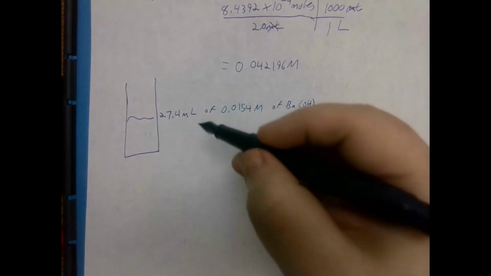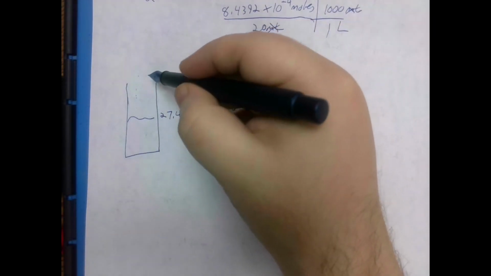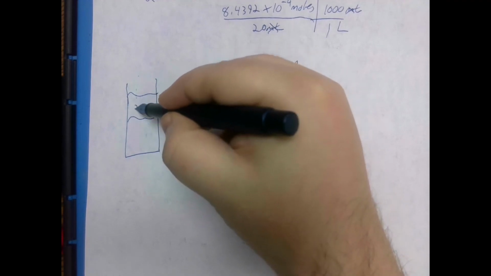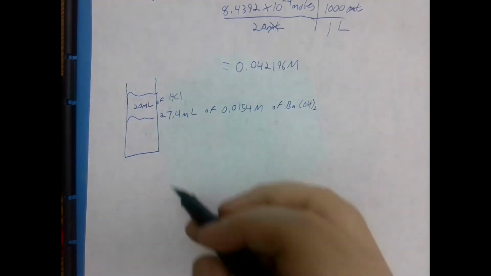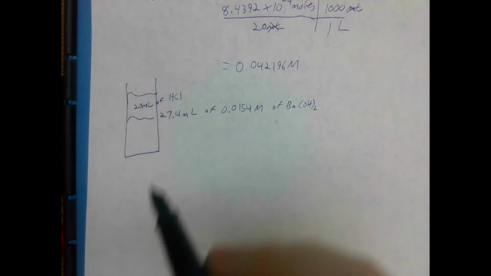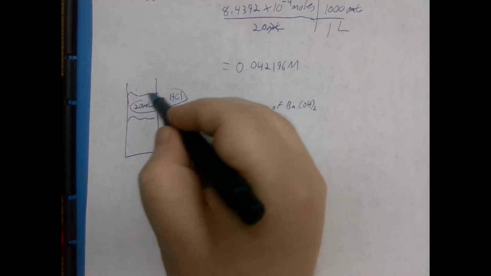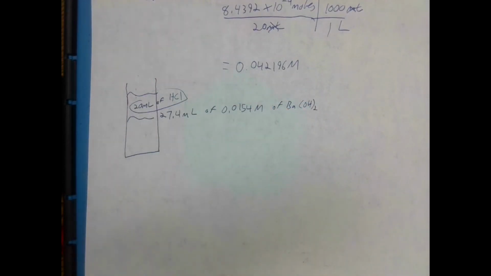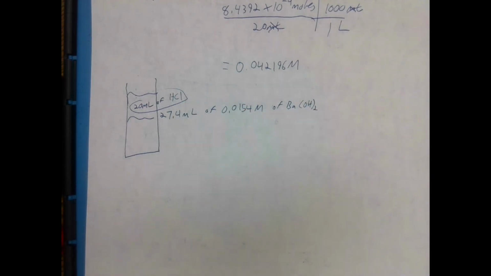And we continually added acid until we added 20 milliliters of our unknown HCl, at which point we magically know it neutralizes. I'll go into how we magically know in a little bit. But we know after adding this amount, it's neutralized. There is no more HCl and there's no more barium hydroxide.